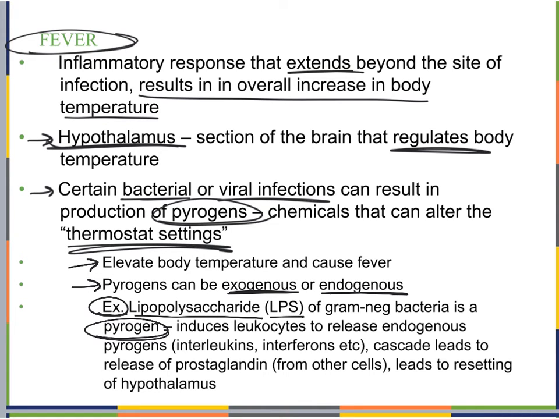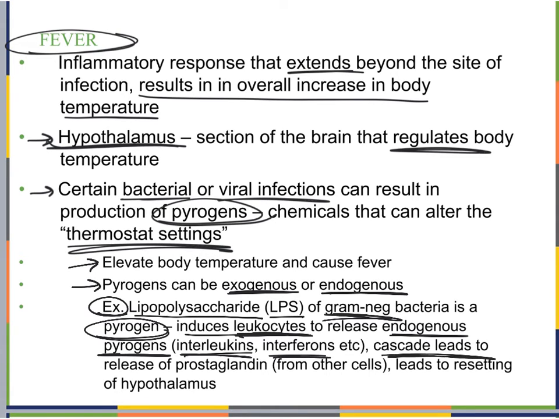So this is going to induce leukocytes to release endogenous pyrogens. So if we have an infection with a gram-negative bacteria, the gram-negative bacteria itself has the pyrogen, and then that can induce our white blood cells to then release their endogenous pyrogens. So things like interleukins, interferons, and other ones.